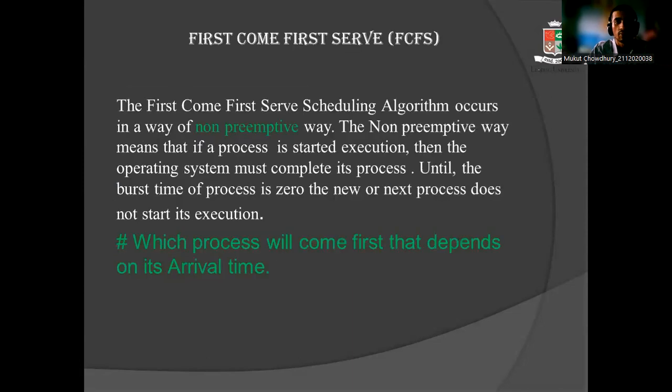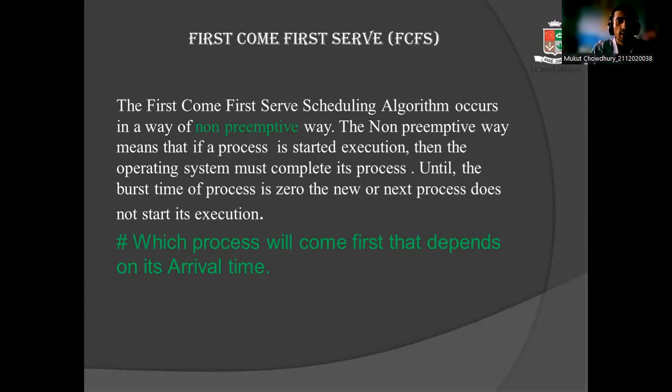FCFS, First Come First Serve. What is this? The First Come First Serve scheduling algorithm operates in a non-preemptive way. Non-preemptive means that if a process has started execution, then the operating system must complete it. Until the burst time of the process is zero, the next process doesn't start its execution.